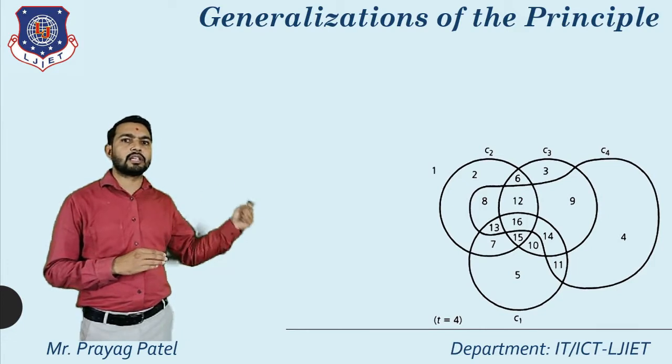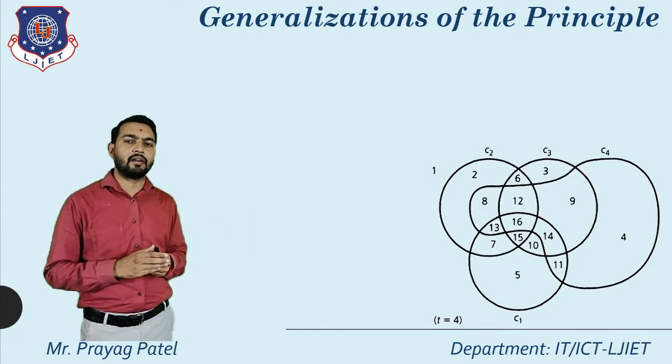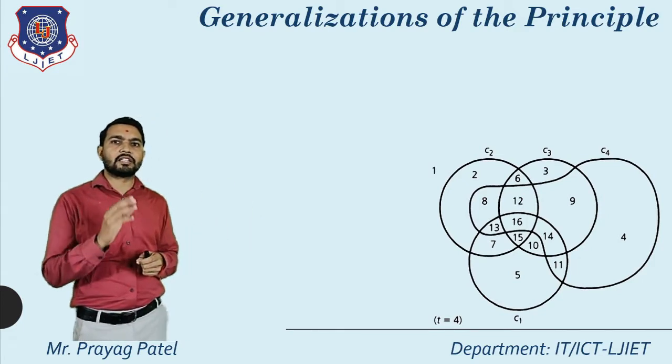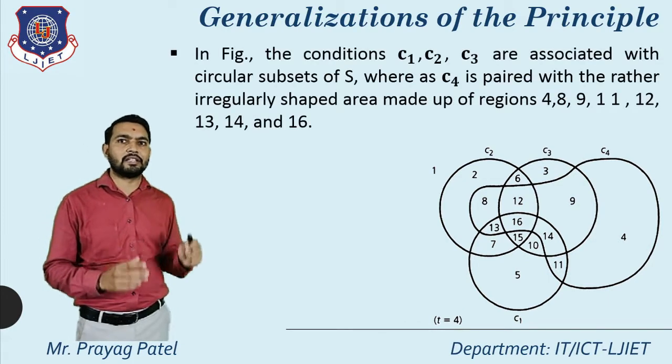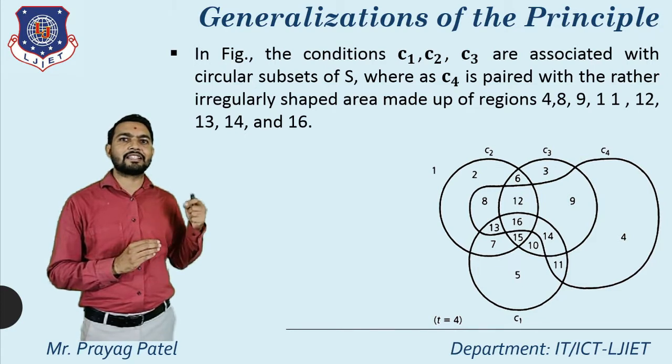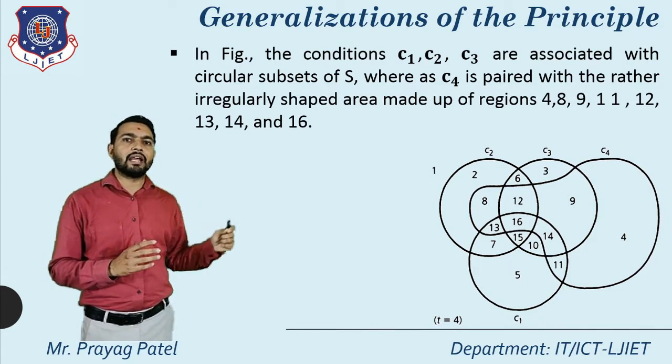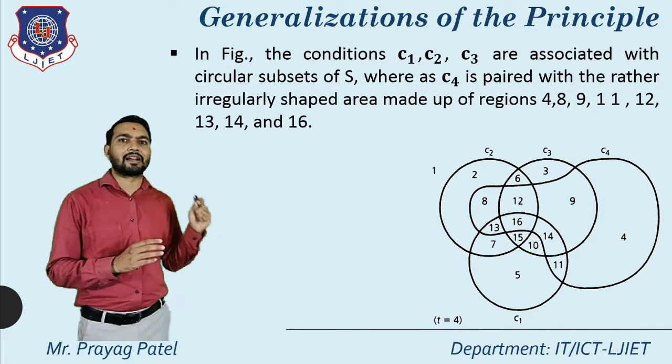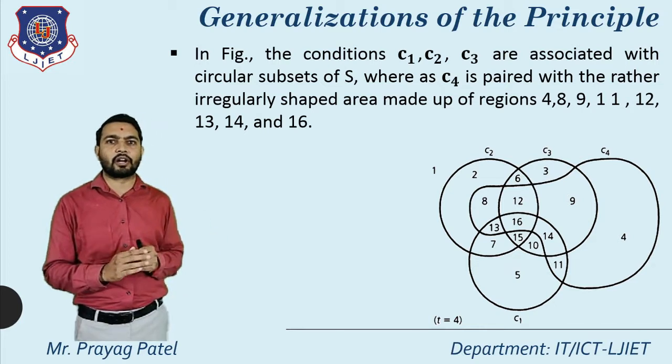Now we use another concept in this figure. In the previous figure we only considered the three conditions C1, C2 and C3. Now we add one new condition, C4, and some regions are represented according to the C4 condition.